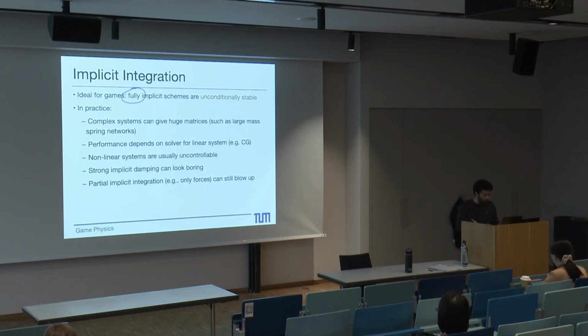For instance, if we are using, as we were mentioning before, the implicit Euler to do the alpha step in a midpoint method, in a Heun method, then the resulting scheme will still be limited by the numerical stability constraint that we have in these explicit methods, and we will benefit less from this implicit integration.